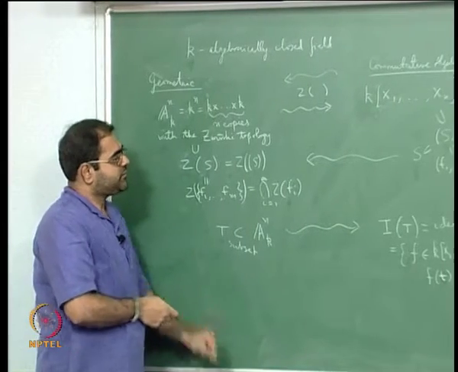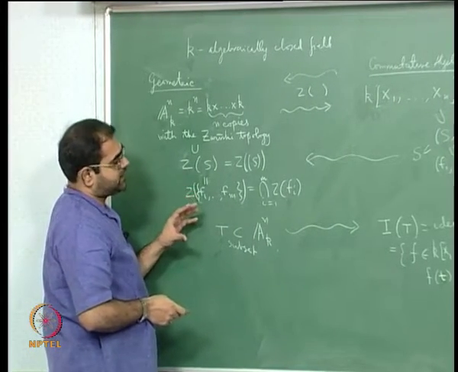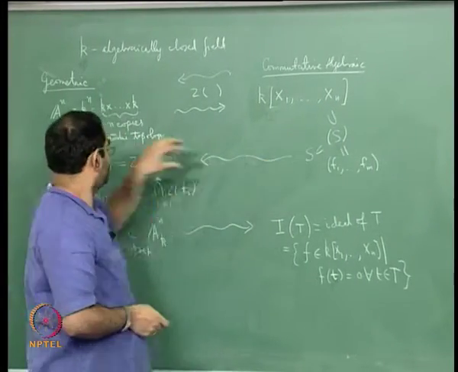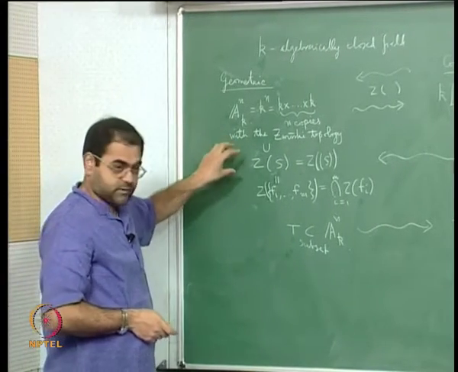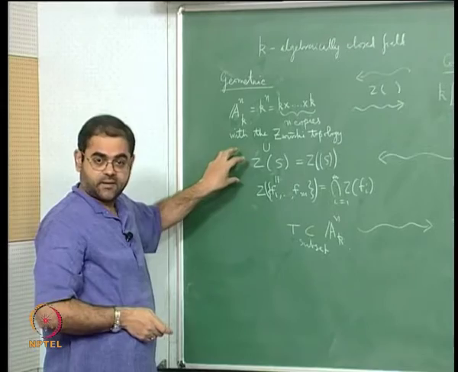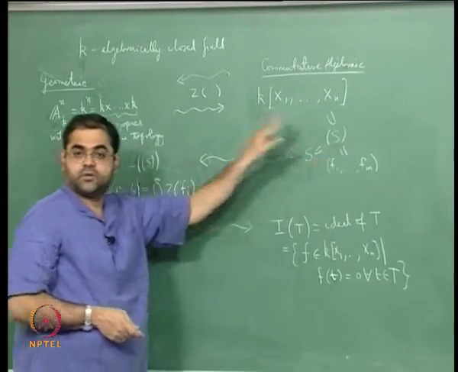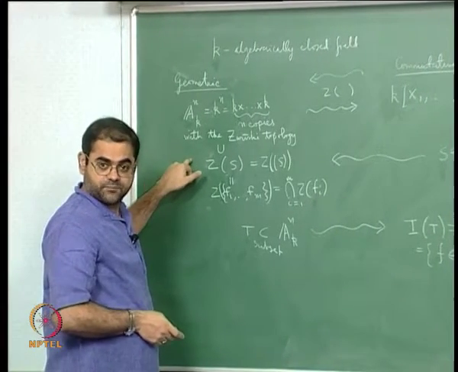And so you see now, basically what is happening is that to a subset here we associate a set here which is actually closed, okay, it is an algebraic set, and in fact for an ideal here also we can associate a subset here which is actually closed, okay.